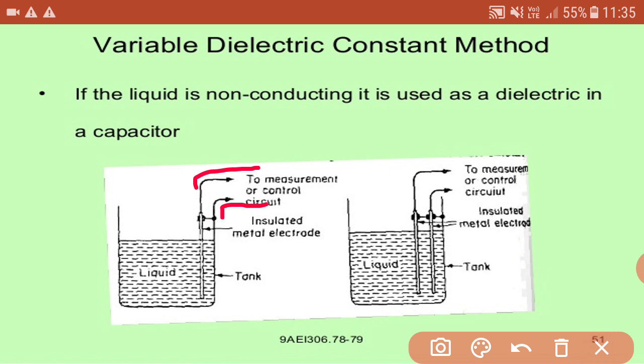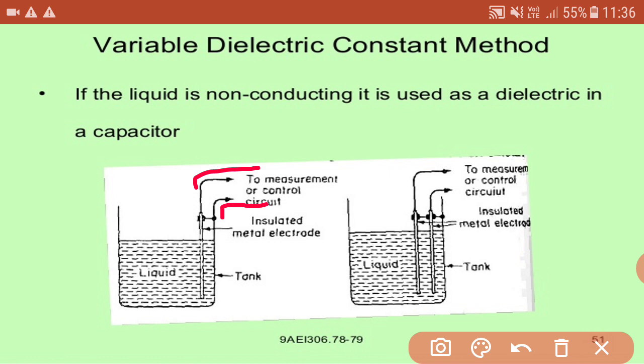And in the second figure we can see two metal electrodes and other things are common. So in the first figure there is only one insulated metal electrode. In the second figure there are two insulated metal electrodes, and the tank will be a metal tank, and the liquid filled in this tank is considered as a dielectric.